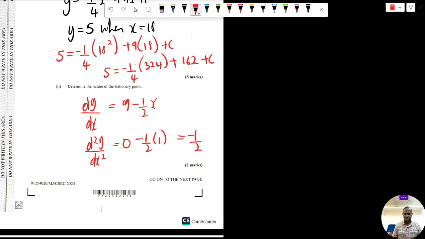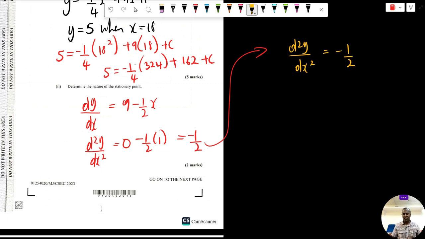Usually, whenever we get a question like this to determine the nature of the stationary point, the second derivative is also a function of x, and then we can substitute the x-coordinate of the stationary point into it. But in this particular case, the second derivative is just a pure number. So d2y by dx squared is equal to minus a half.